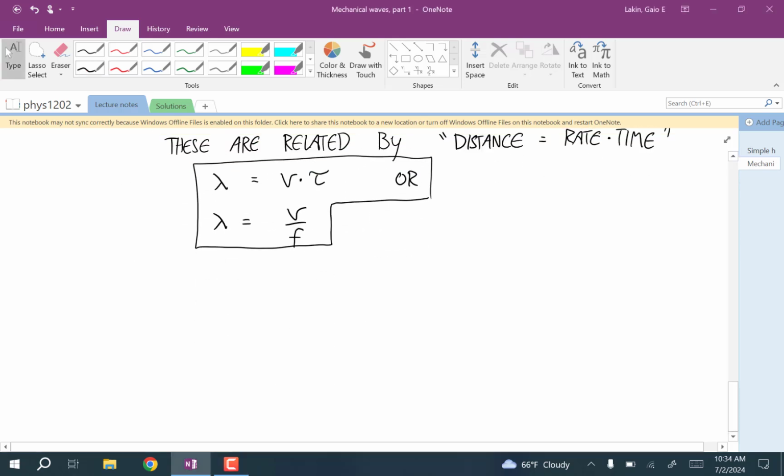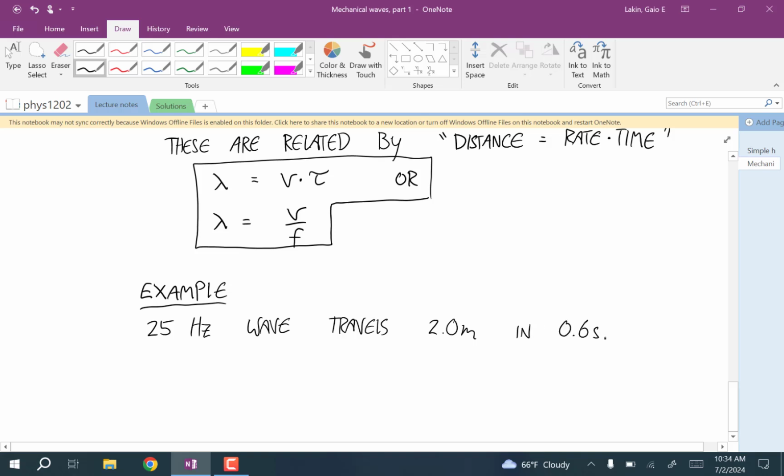Okay, let's see how to use these in a calculation. So an example. Let's say that we have a 25 hertz wave that travels a distance of 2 meters in 0.6 seconds. You can imagine this wave traveling along a string.